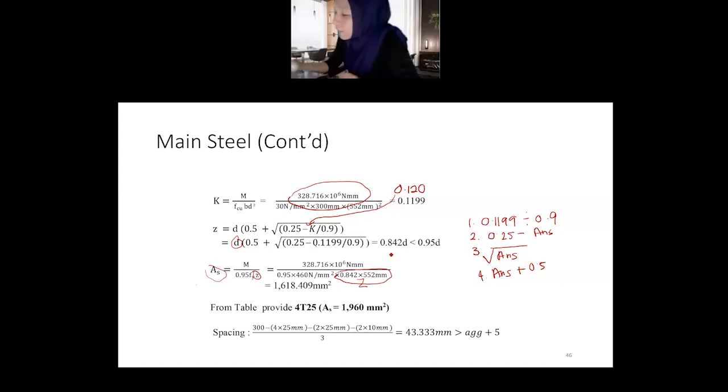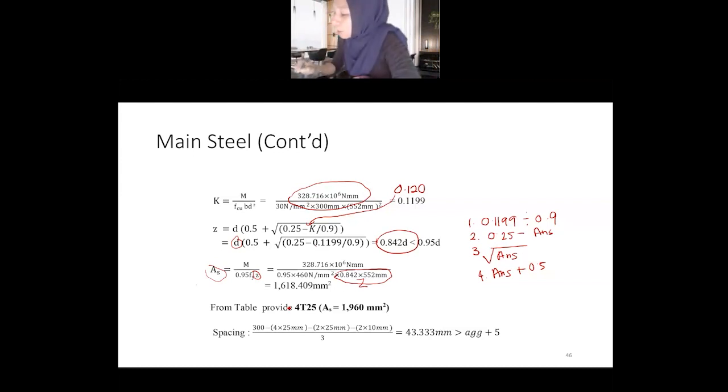Z dekat sini 0.842. 552 ni adalah D. Replacekan D ni dengan value of berapa value D? 552 lah. Letak je kat bawah ni and then you calculate again. Kira value AS, you dapat 1618.409.